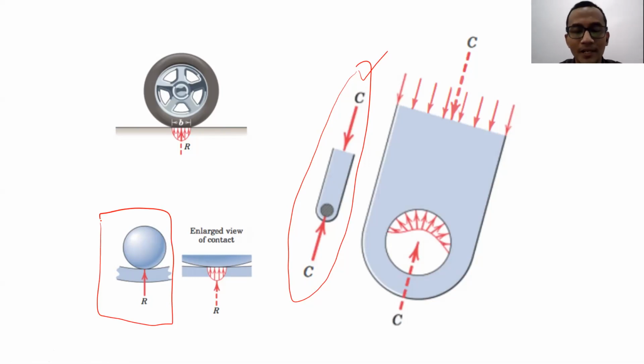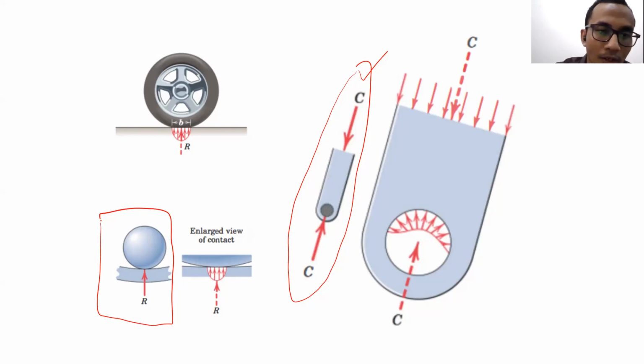But in reality, it's quite rare for us to have this kind of force concentrated at one particular point. Normally, when a force R is given to something, it happens on a certain area, so it will be distributed.